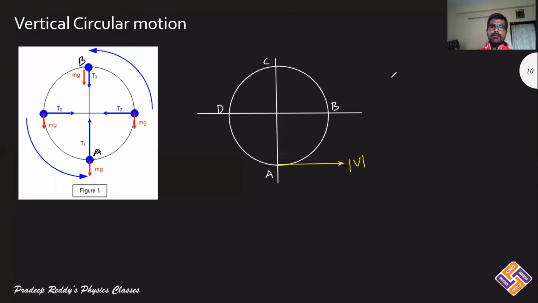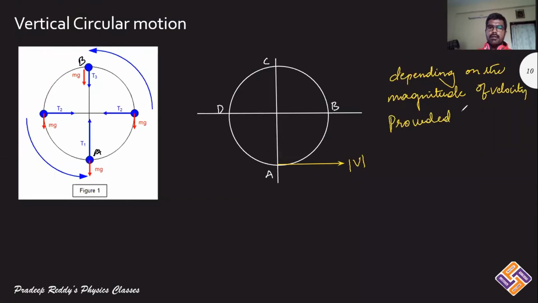So you have different possible conditions depending on the magnitude of velocity provided at point A, and the body can execute vertical circular motion in such ways.